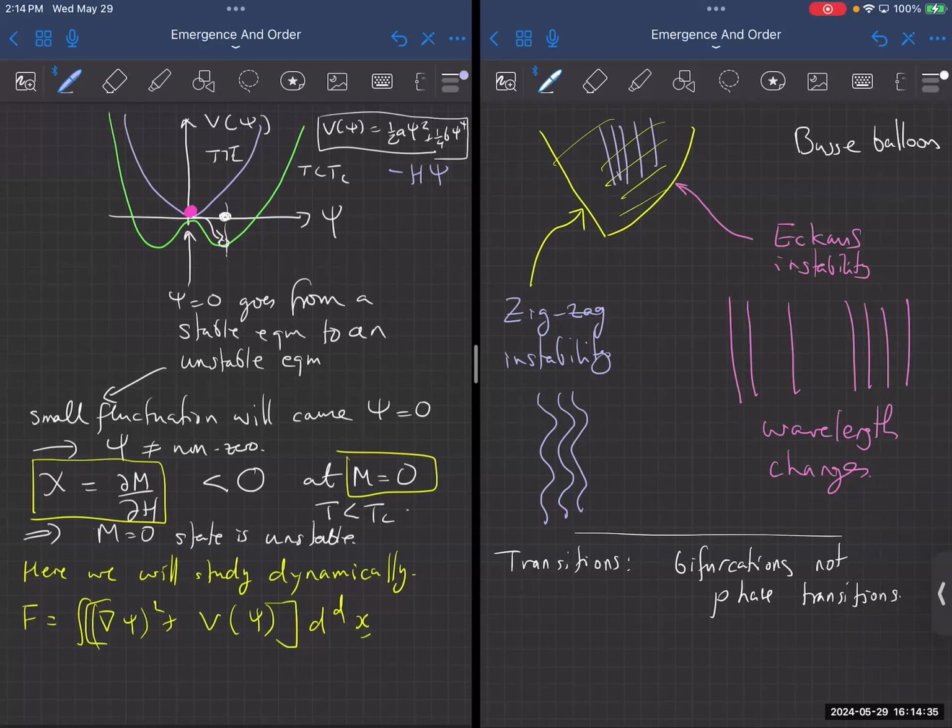Once you have a turbulent state, how do you describe it? None of the ways that I've talked about here to describe turbulence are applicable. So all you can do is the very easy thing where something is spatially uniform, then it starts to form a pattern, and then the pattern may go unstable. You can maybe understand that, like the zigzag instability or the Eckhaus instability. Beyond that, it's just very complicated.